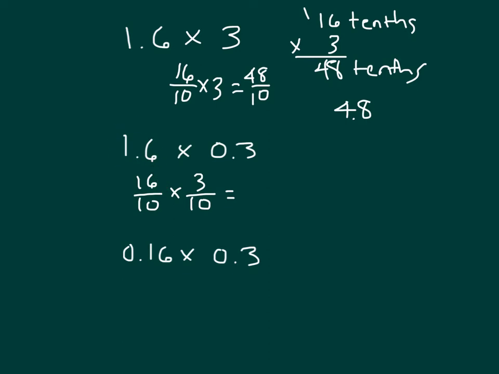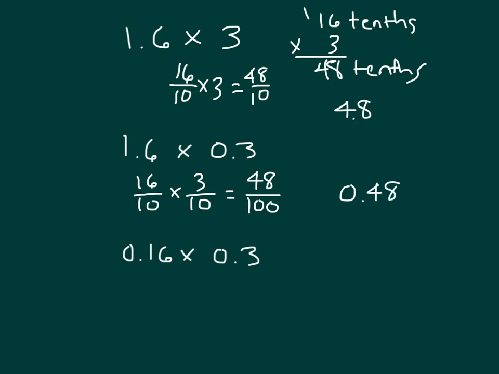In fact, it's only 3 tenths of that 1 6/10. So let's see what it looks like here. That's 3 times 16 again, which, as before, we got 48. And then we have 10 times 10, which is 100. So we have 48/100, which is 0.48 in decimal form.